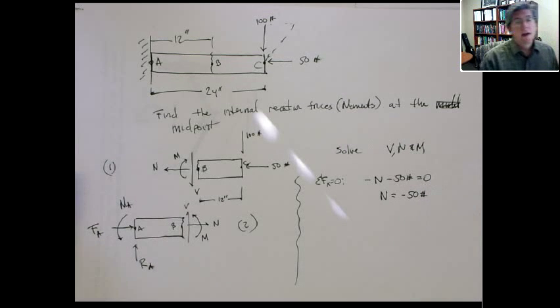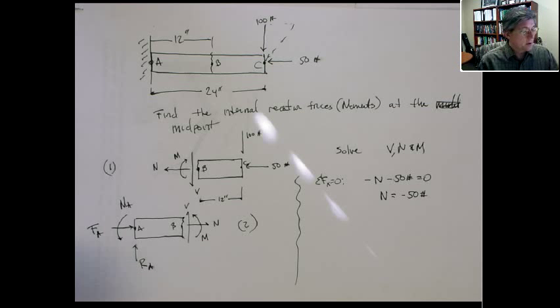pounds. Now, let me mention something about the direction of the internal reaction forces. Again, as with the external ones, it's up to you to choose the orientation, and honestly, it doesn't matter.